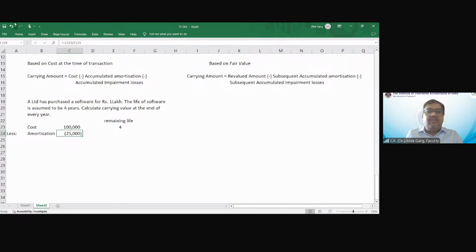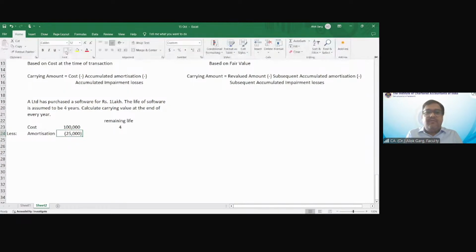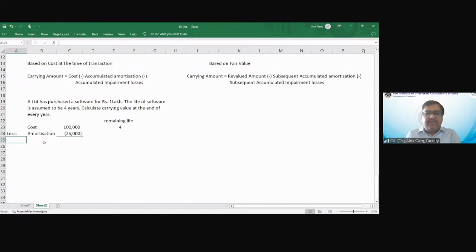What is the carrying value at the end of the first year? 75,000. Now, what is the remaining life? Balance life, 3 years. Amortization again, 75,000 divided by the balance life.